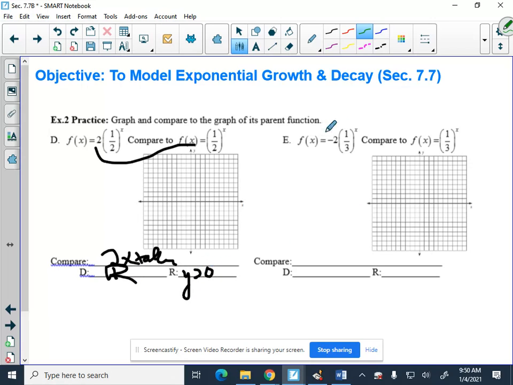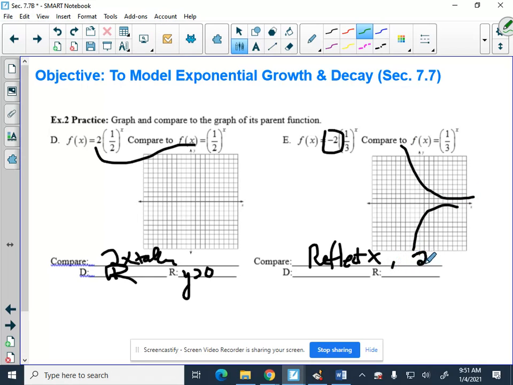But now the trick. This one, there's a negative in there. So what's it going to do? It's going to reflect on the x-axis. Means it's going to flip it over. Okay? So instead of being up here and going down, it's going to be like this.